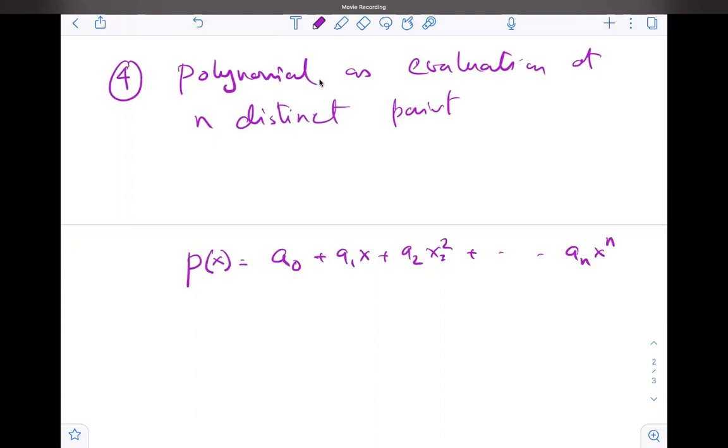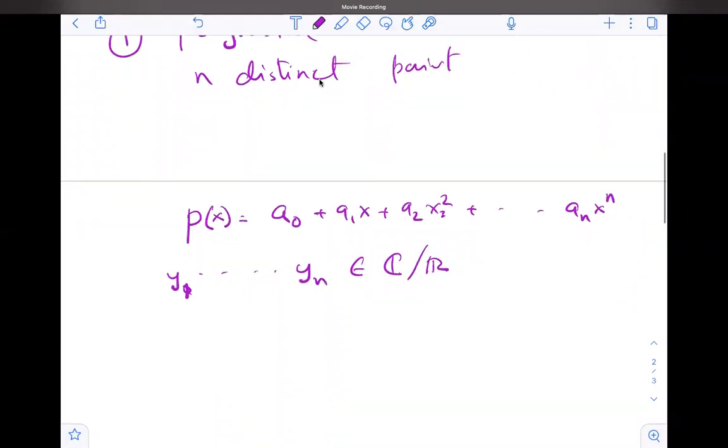I can also write it with some values, say y1 to yn are some points in the complex or the real numbers, it doesn't matter. So we need up to ym plus n, right?